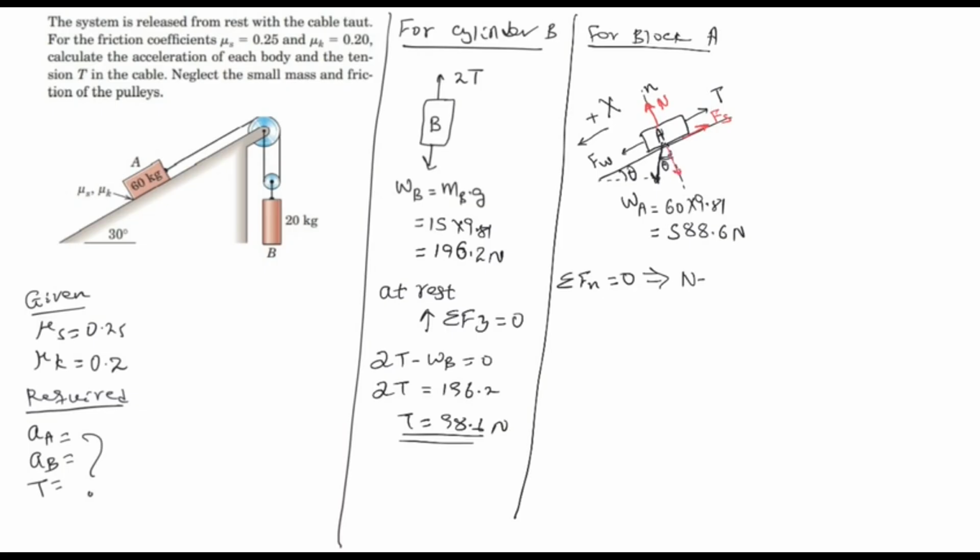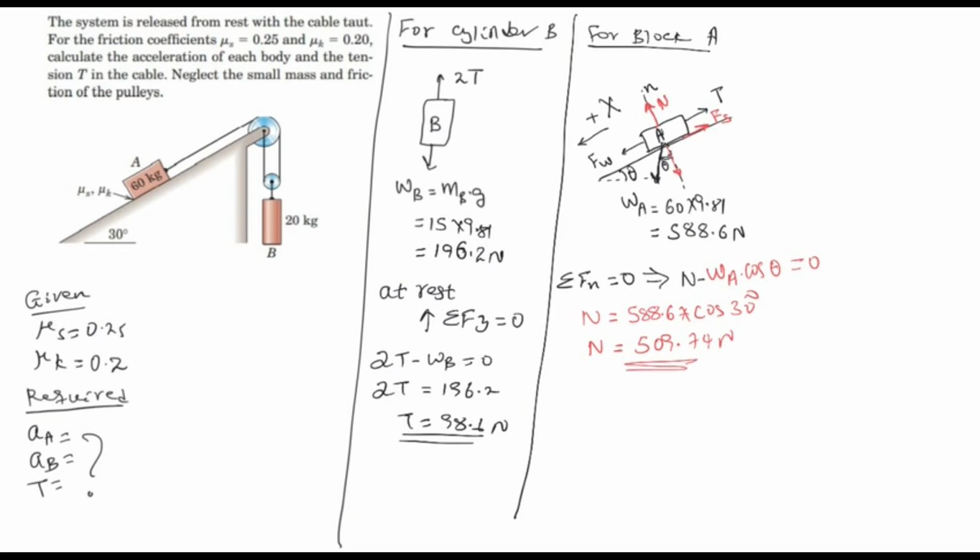This is weight in the normal direction, that means weight of A times cos theta. So N minus weight of A cos theta is 0. This implies that the normal force is equal to 588.6 times cos 30 degrees. Now N is equal to 509.74 Newton. This is the normal force.